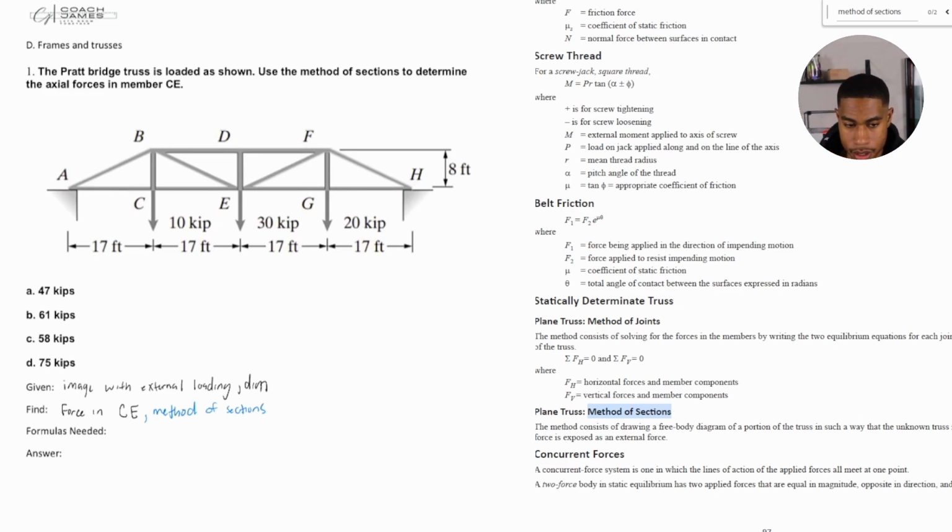So let's do just that. Let's pretend that we do not need to see anything but a portion of this truss. So I'm going to break it up and I'm going to redraw it. All right.